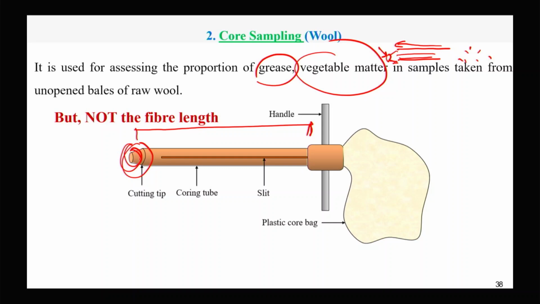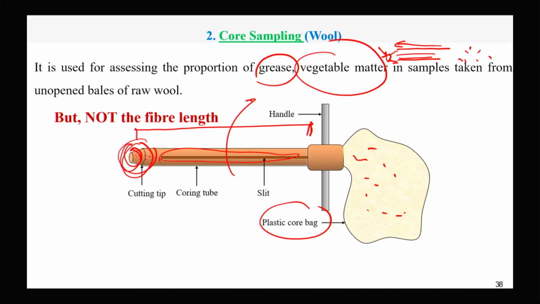There is a taper at the edge which ensures that the fibers are cut and the small cut fibers go into the hollow tube. When we tilt it 90 degrees, the fibers inside the coring tube fall into this plastic core bag.